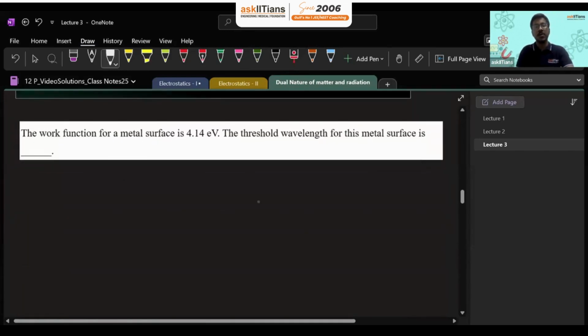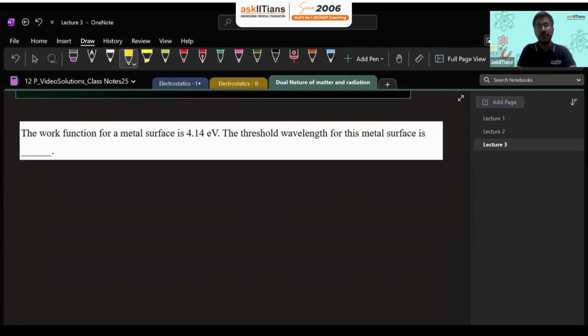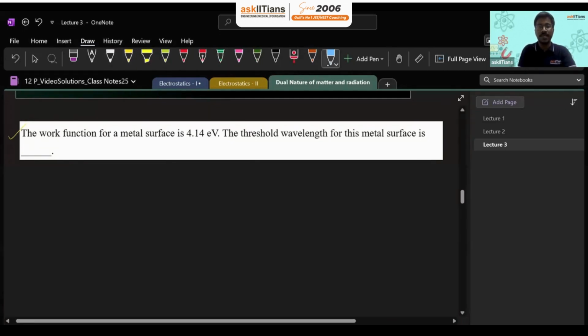Now let's look at some of the questions which are important from the board perspective, previously asked in the CBSE board examinations. The work function for a metal surface is 4.14 electron volt. The threshold wavelength for this metal surface is. What is given?